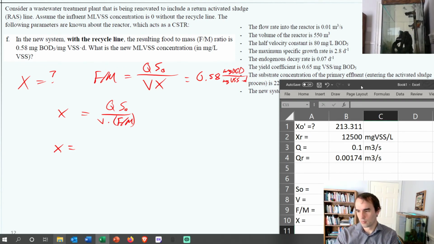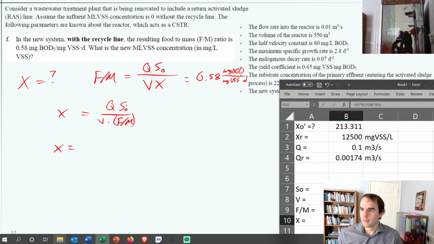And I think this is wrong. Let me just write it out properly here. This number looks wrong to me. It should be a higher concentration, I would think. Let's check the units, make sure we didn't need any conversions.